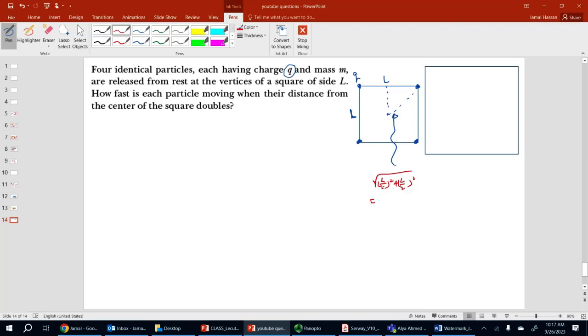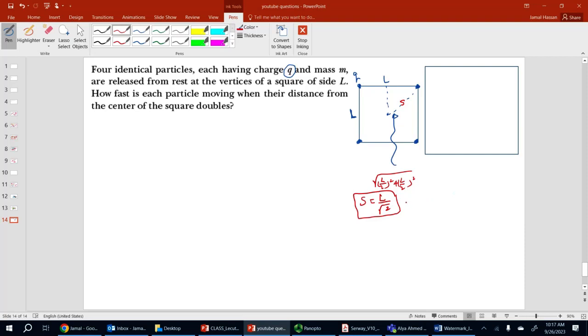So it's a fourth L squared plus a fourth L squared, so it's L divided by root 2. Okay, so let's call it S. S is equal to L divided by root 2.